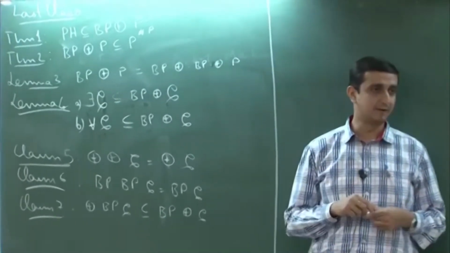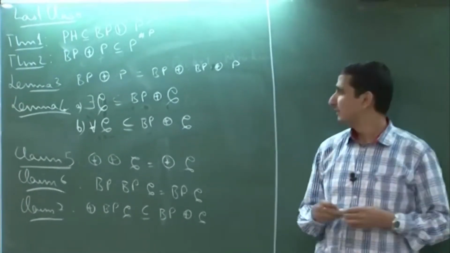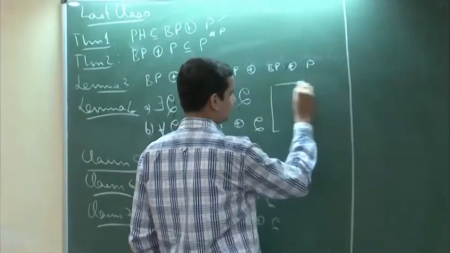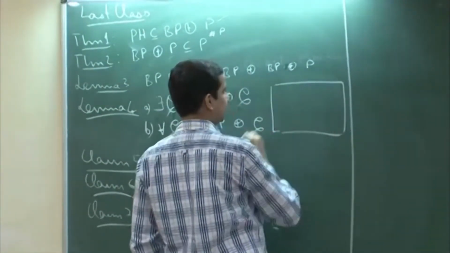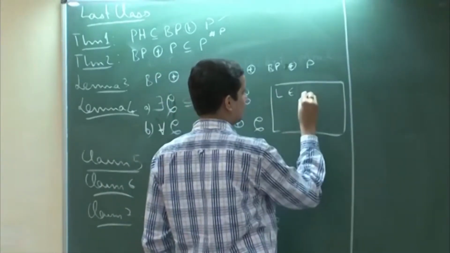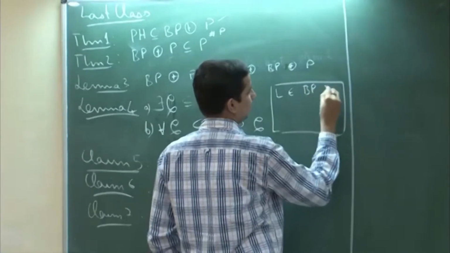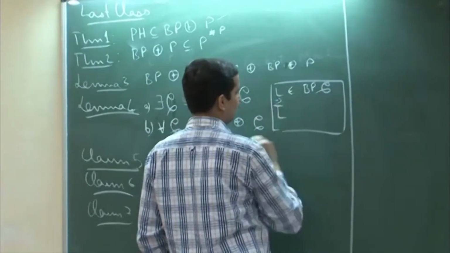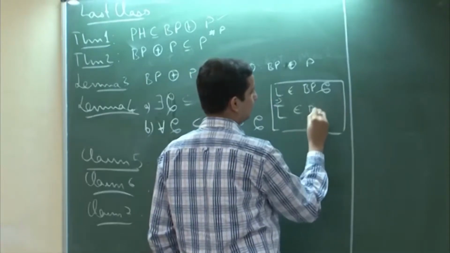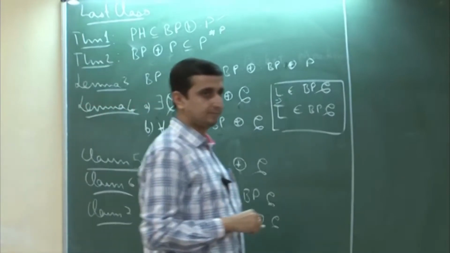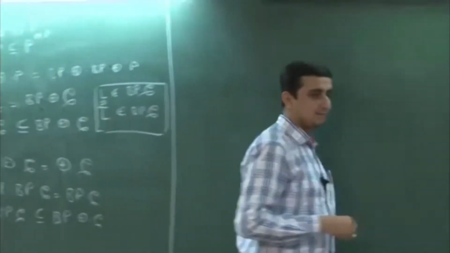accepting the language L complement. The generalization is, if you have any complexity class C, and L belongs to BPC, then this implies that L bar will also belong to BPC, and the machine is just flipping the answers.